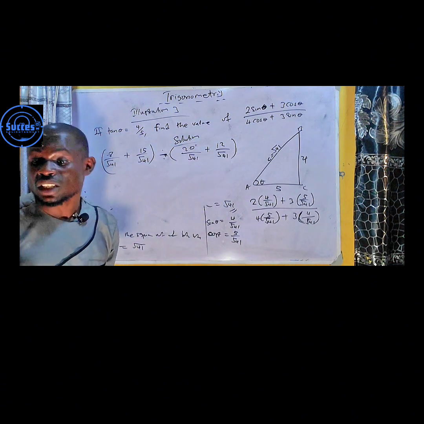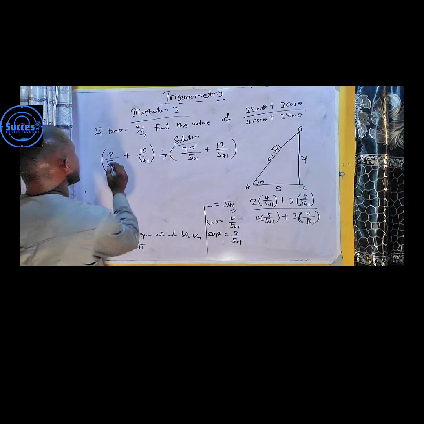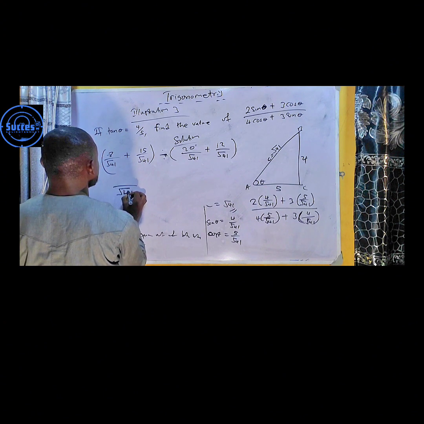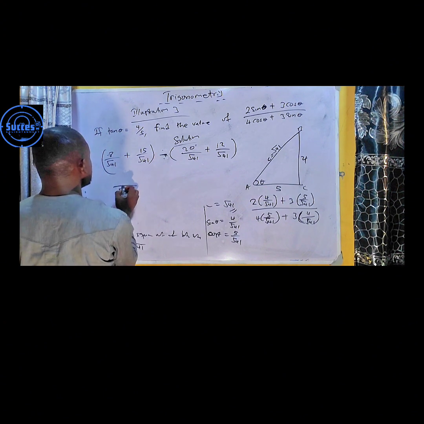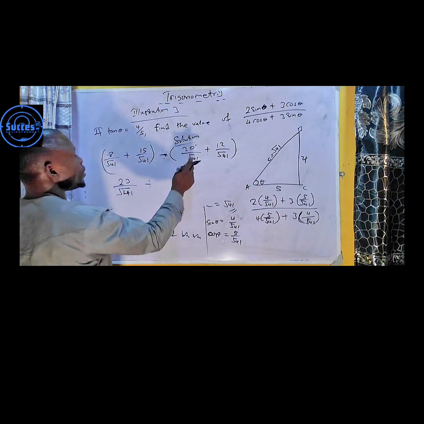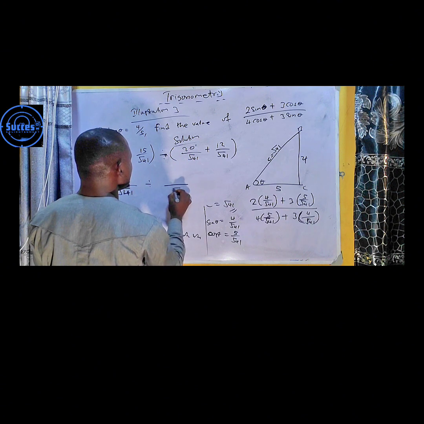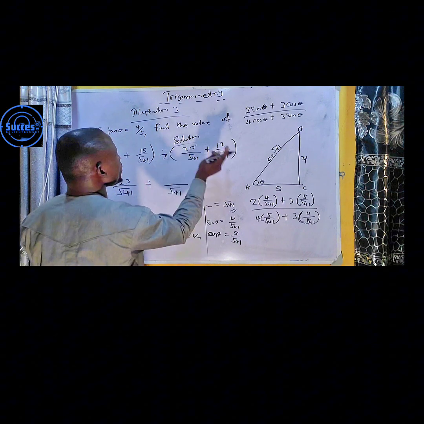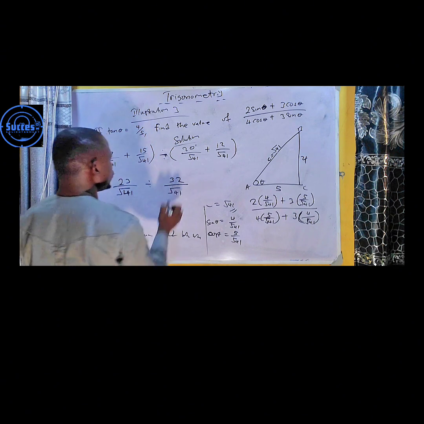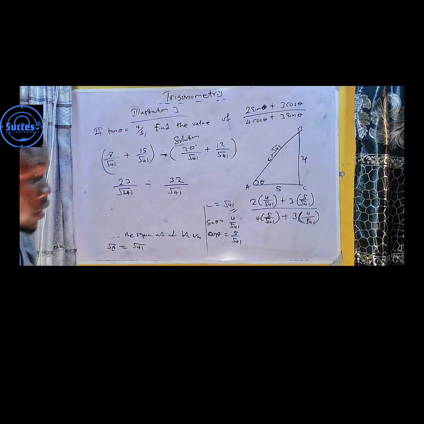They have the same denominator, square root of 41. 8 plus 15 gives us 23, divided by 20 plus 12, that's 32.